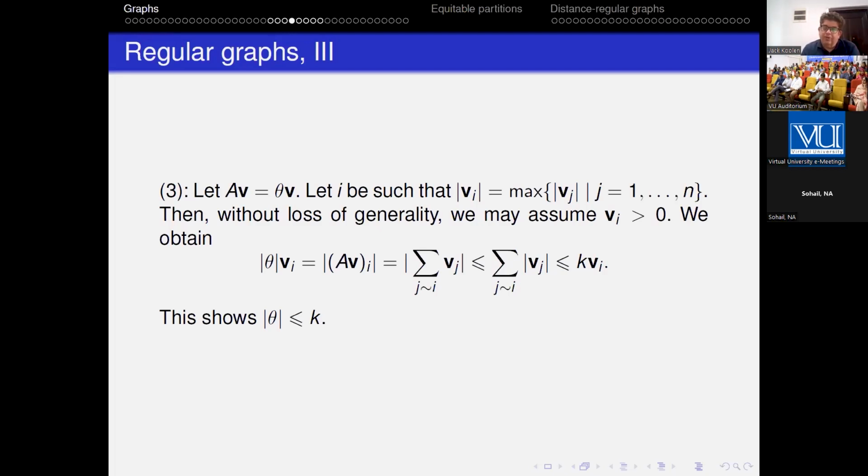And then you can put the absolute value inside, and that's always smaller or equal to the sum of the absolute values. And that is at most K times vi, by definition. This shows that theta in absolute value is at most K.